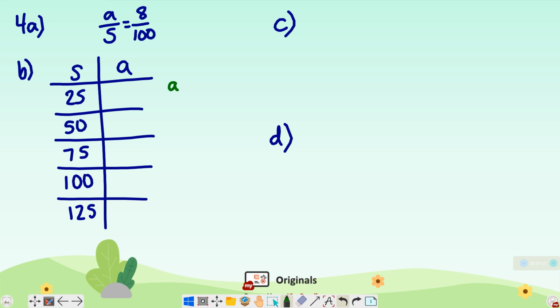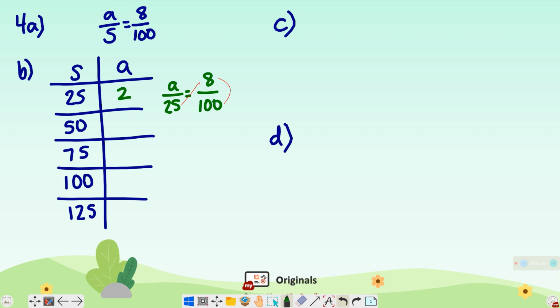So the absent is the unknown. I'm swapping out the students with 25 in this problem. And then I'm going to cross multiply and divide to figure out what A is. 25 times 8 is 200, and 200 divided by 100 is 2.